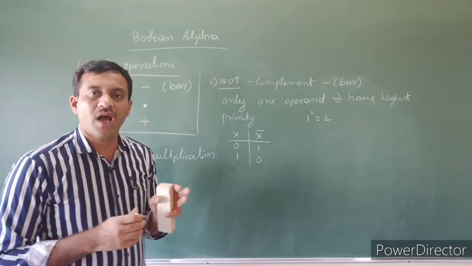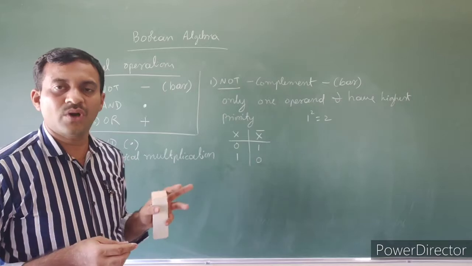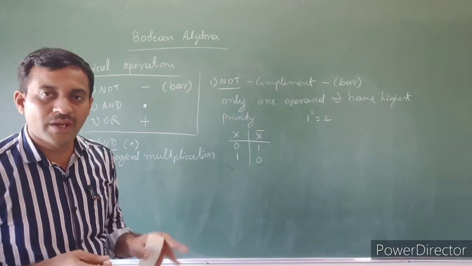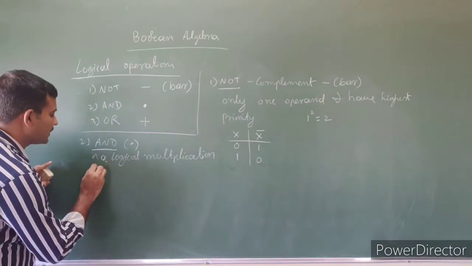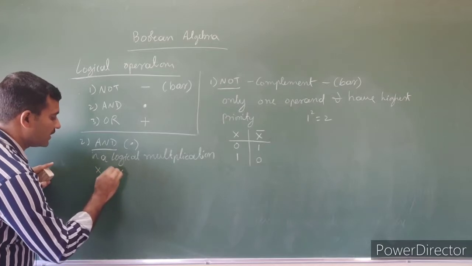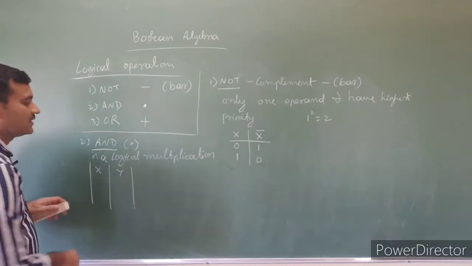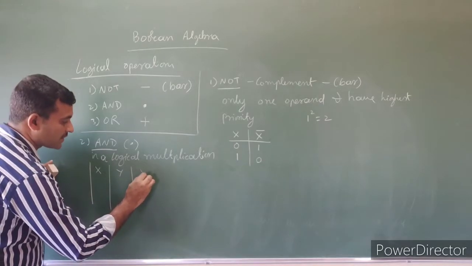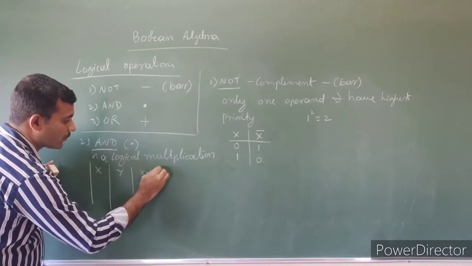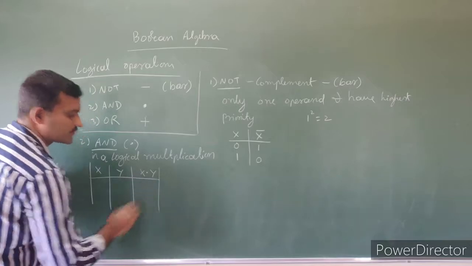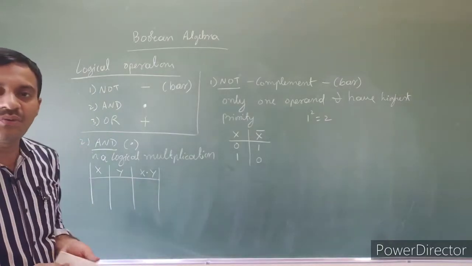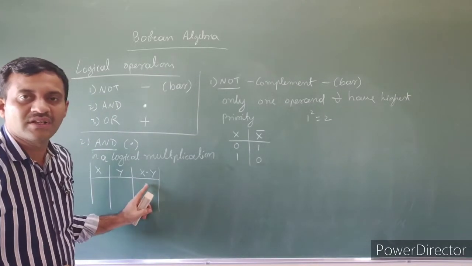If it is 2 operands or 2 variables, consider the 2 variables x, y. Then the resultant variable is represented as x into y. This is the resultant variable.